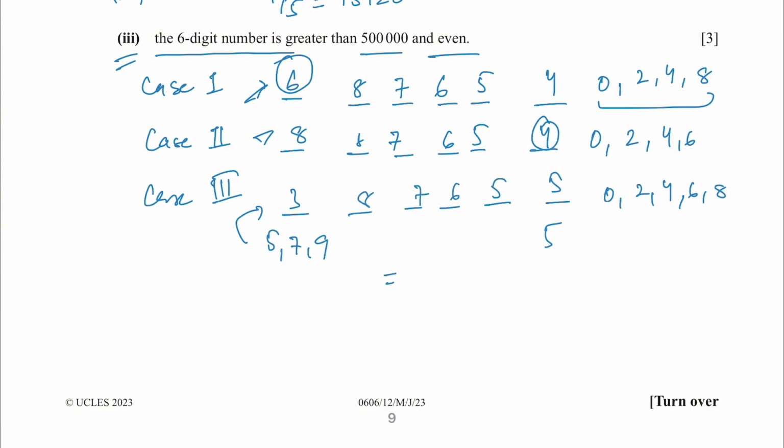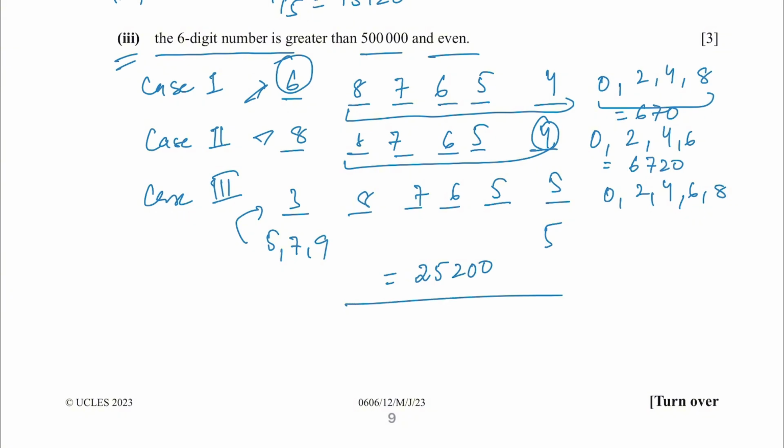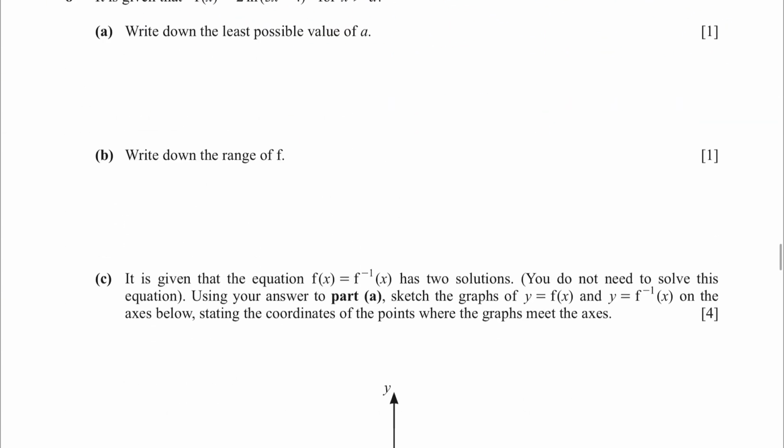By solving or multiplying this, we'll get our answer as 25200. Here if we solve this, we'll get our answer as 6720, and this would be the same since this is simply the same. We'll be adding all these 3 possibilities, and we're getting our answer as 38640.